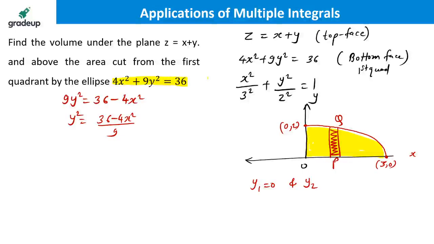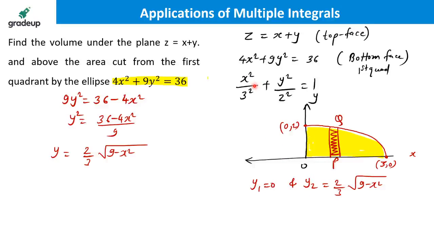If you take the square root and take 4 common from the numerator, you will get 2 by 3 root of 9 minus x square, that is 3 square minus x square. Okay, sir. So y2 is 2 by 3 under root 9 minus x square. So we got the limits of y.